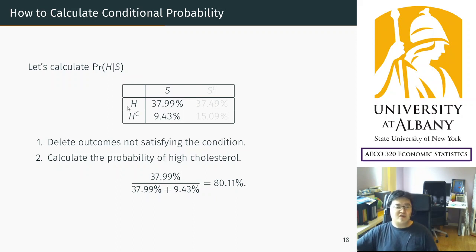When you calculate the probability, just use these numbers, the probabilities, as if they are frequencies. There is no difference. Anyhow, it is a ratio. So it does not matter at all. If you calculate this ratio, you get 80.11%. So among smokers, more than 80% have a cholesterol problem.